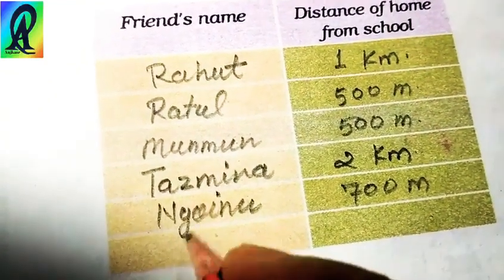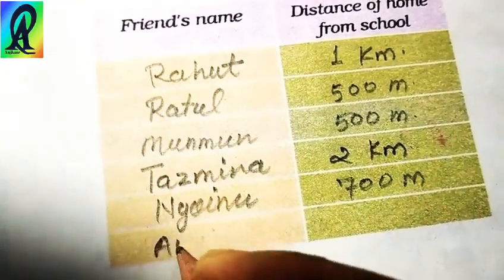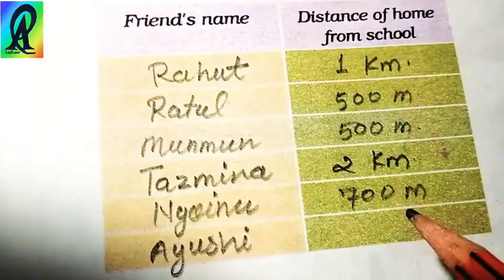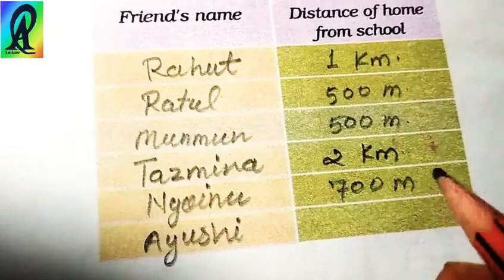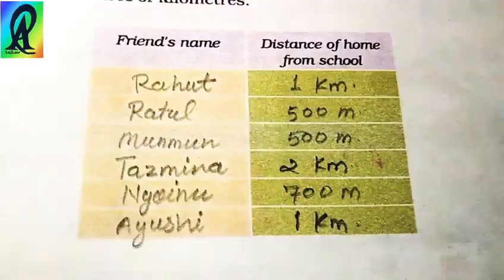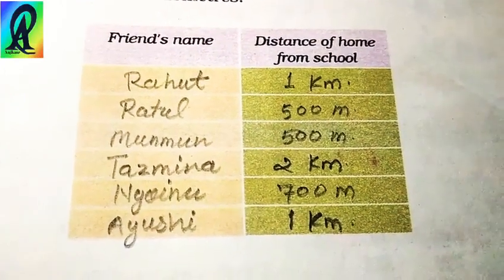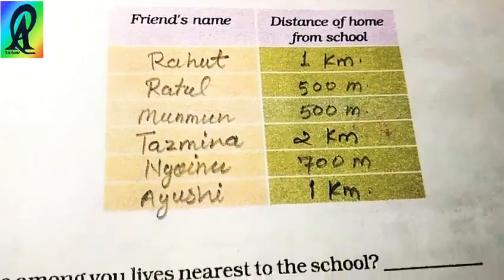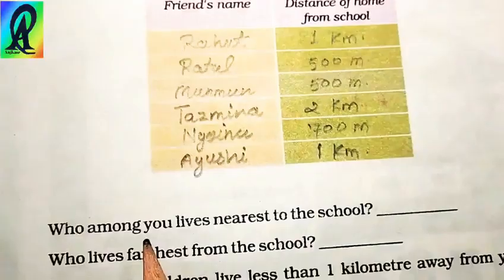And next is Ayushi, the distance is also 1 kilometer. So here you can see the table is filled. Now move on to the questions.